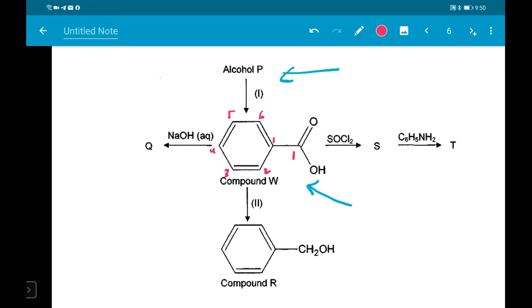Alright, thank you Asma sebab tambah oksigen. Satu lagi apa? Compound W tu sebenarnya apa? Compound W tu adalah belong to which homolog series? Alright, because it is a carboxylic acid.